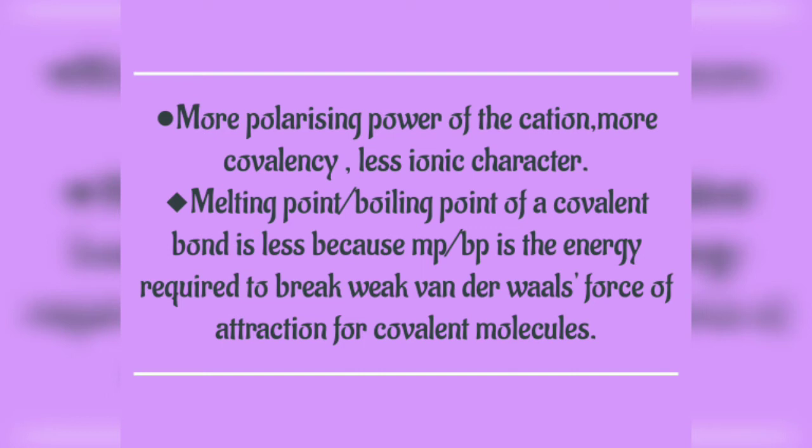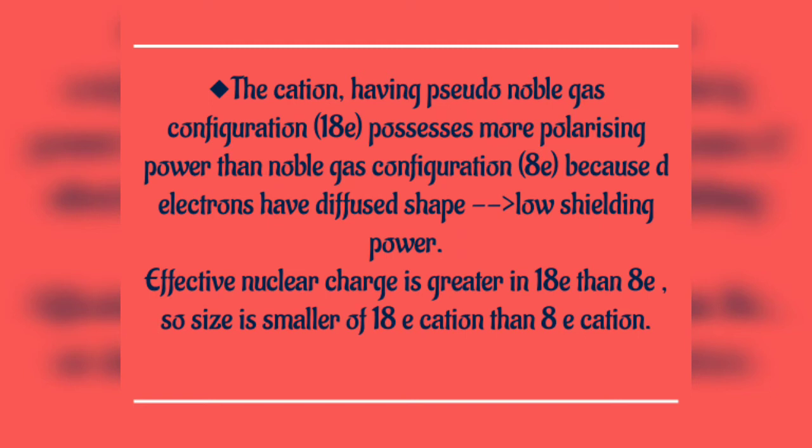The cation having pseudo noble gas or 18 electron configuration possesses more polarizing power than noble gas or 8 electron configuration, because the 18 electron configuration contains 10 d electrons and d orbitals have diffused shape, and due to low shielding power of d orbitals, the effective nuclear charge of the cation increases and size decreases.